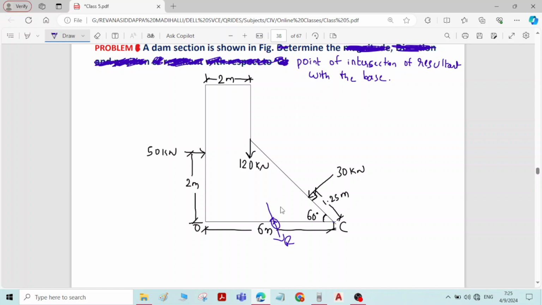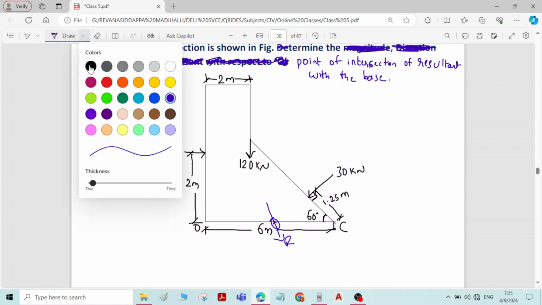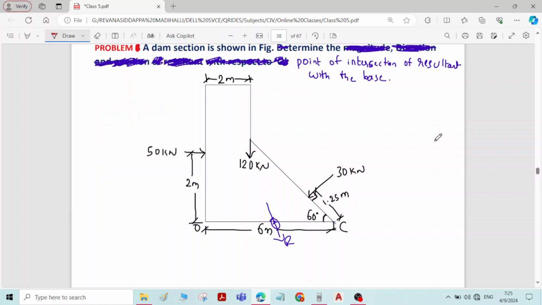So initially we will find sigma fx and sigma fy, meaning we will find the magnitude of the resultant force. Before that, for the 30 kilonewton force, let me calculate the horizontal angle. Just draw a horizontal dotted line here at this point.